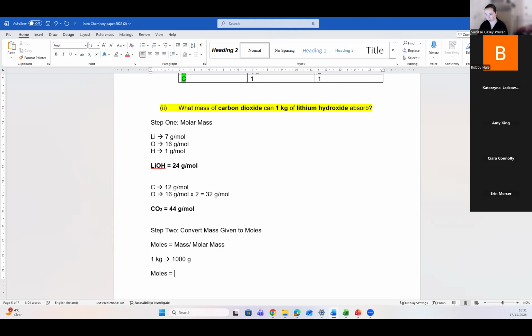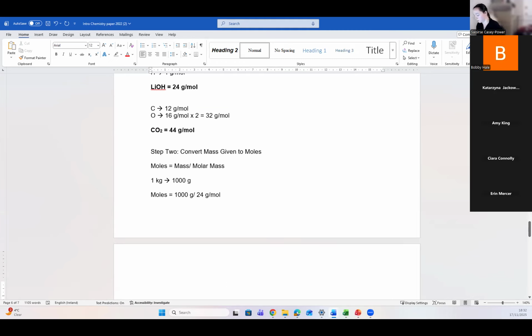So for that, we have 1,000 grams divided by our lithium hydroxide molar mass, which is 24.